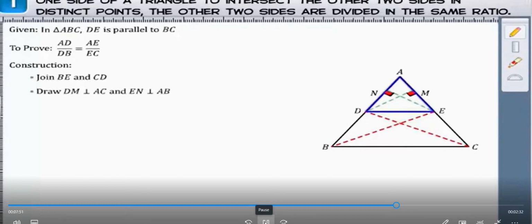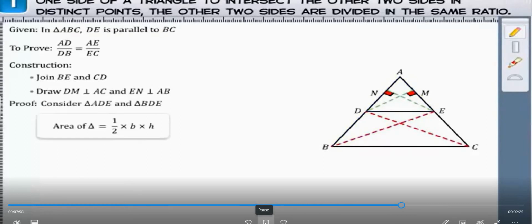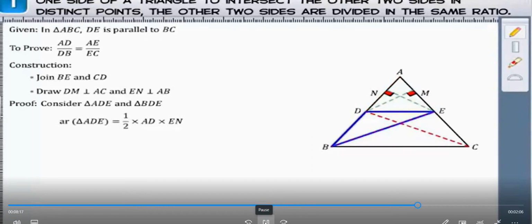Consider triangle ADE and triangle BDE. The area of a triangle can be calculated as half of the product of the base and the corresponding height. This means the area of triangle ADE is half the product of the base AD and the height EN. Similarly, the area of triangle BDE is half the product of the base DB and the height EN.